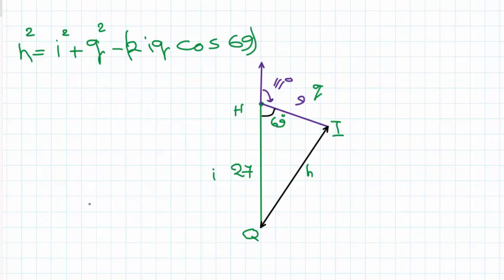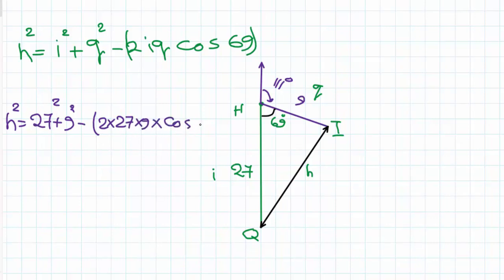Let's substitute what we have. H is not given, it stays as h. H squared is equal to i is 27 squared plus q is 9, it will be 9 squared, minus 2 times 27 times 9 times cosine of 69. Now we have this.